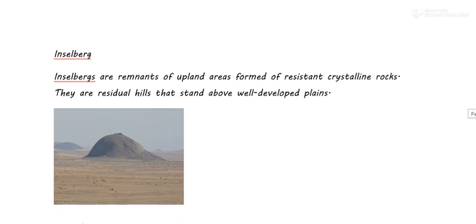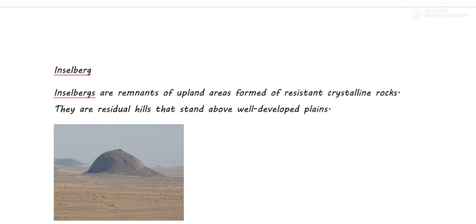Next we have Inselberg. Please copy the definitions as you are understanding. Inselbergs are remnants of upland areas formed of resistant crystalline rocks. So these are residual hills, with very smooth curves, and they are also formed on a very smooth plane surface.